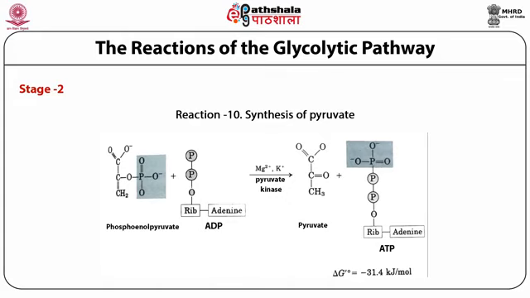In this reaction, the high phosphoryl transfer potential of phosphoenol pyruvate is used by the enzyme pyruvate kinase to generate pyruvate, the end product of glycolysis, and 2 adenosine triphosphate are formed for every glucose molecule entering the pathway.